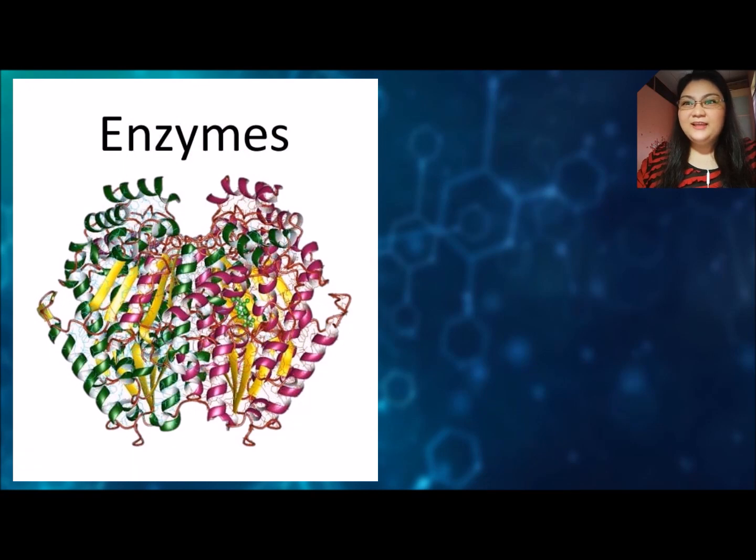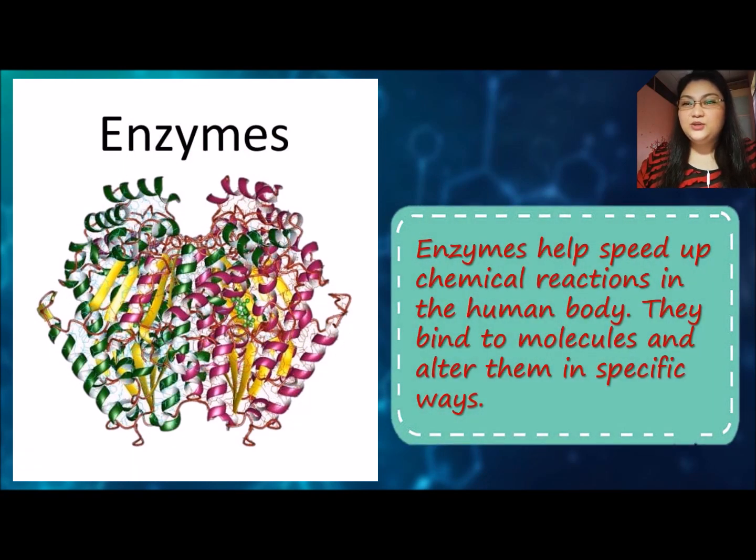enzymes. Okay, so enzymes help speed up chemical reactions in the human body. They bind to molecules and alter them in specific ways. They are essential for respiration, digesting food, muscle and nerve function, among thousands of other roles.